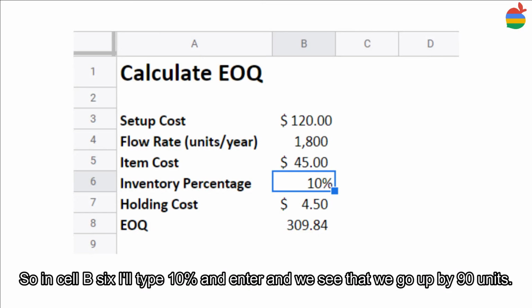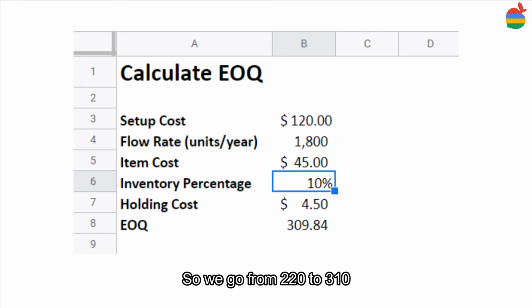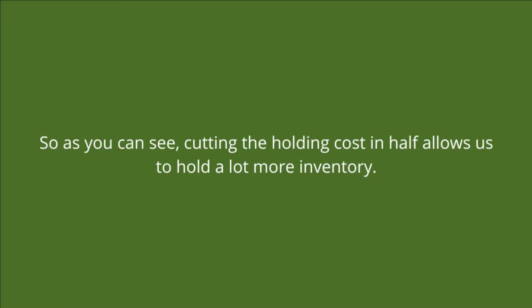So in cell B6, I will type 10% and enter, and we see that we go up by 90 units. So we go from 220 to 310. So as you can see, cutting the holding cost in half allows us to hold a lot more inventory.